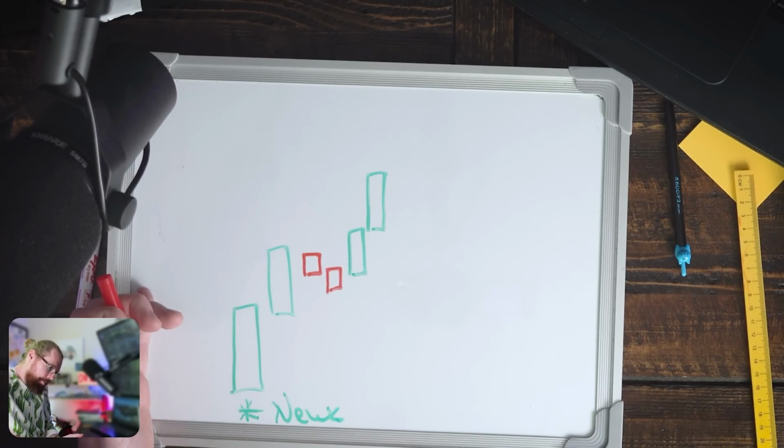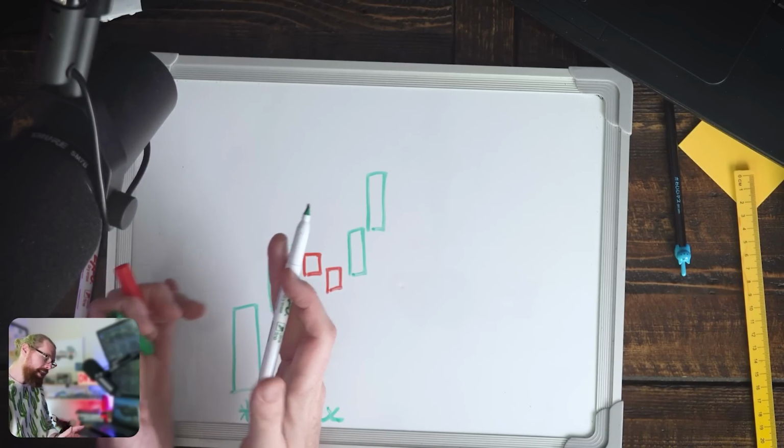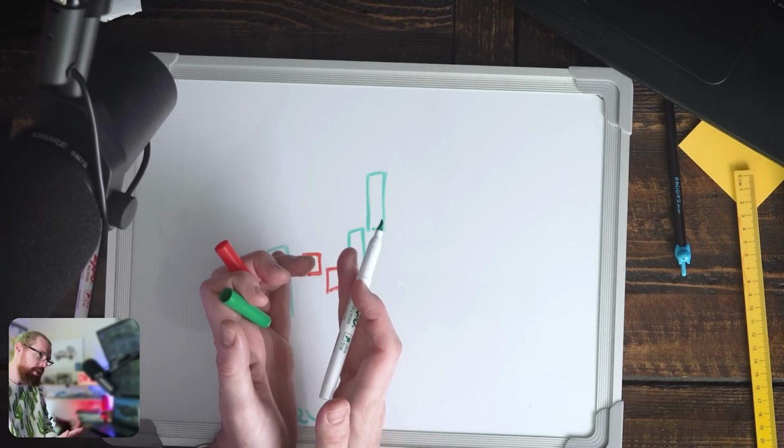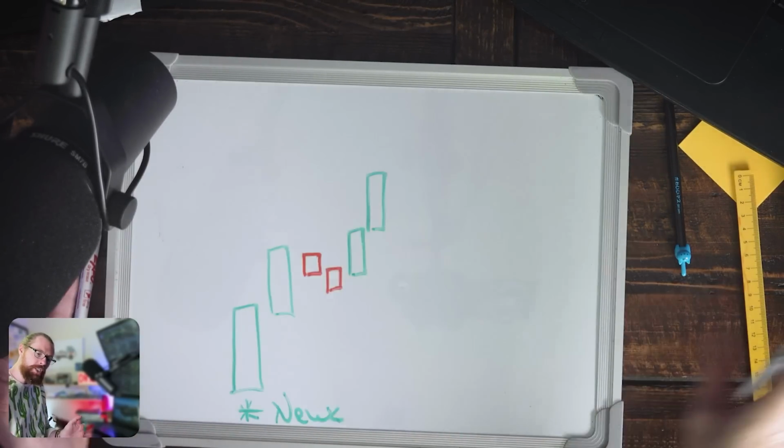All right, all of a sudden the price surges up and then we get a momentary correction. During this momentary correction, let's just talk not about the candlesticks, but about the psychology of what's happening. What's happening in this moment is that the people who were in before the news are going to take a little profit. They're like, whoa, that was awesome, that was unexpected, I'm going to take a little profit.